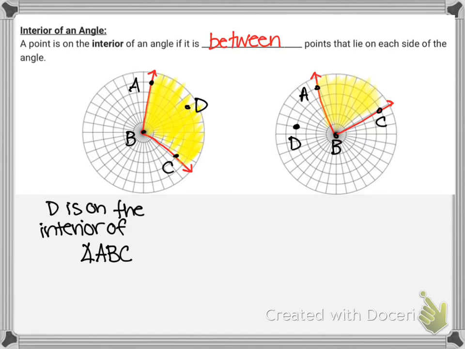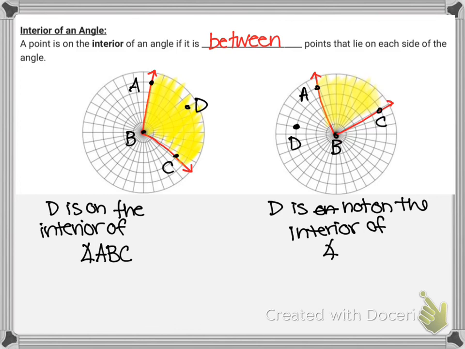There we go. And in this diagram now, point D is on the exterior, or I'm actually going to say is not in the interior of angle ABC.